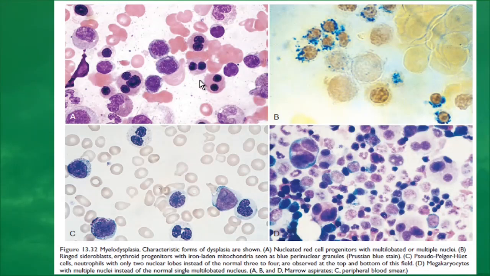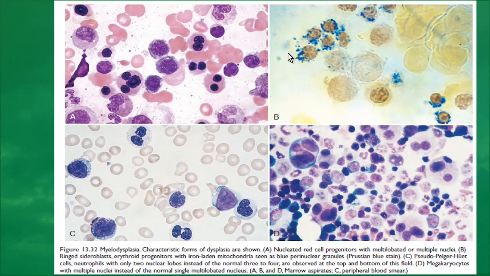Okay, here you can see multinucleated erythroid cells, which is basically a sign of dyspoiesis. Pseudo Pelger-Huet abnormality, only 2 lobes of neutrophils, and there is hypogranulation of neutrophils, again a sign of dysplasia.